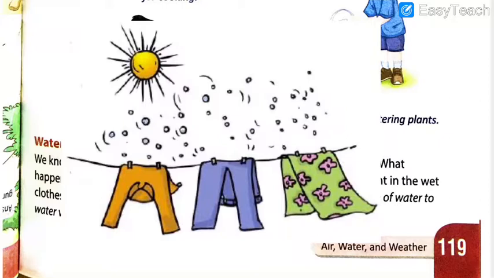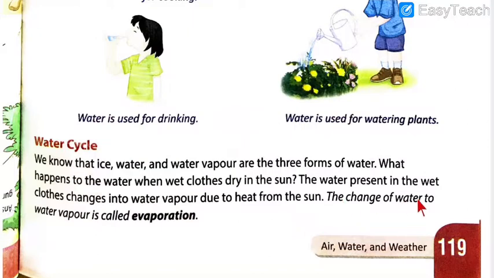But why because of sunlight? If the sunlight would not be there, your clothes would take much more time to dry. Because the water present in the wet clothes changes into vapor due to the heat from the sunlight. I have one more picture to support this example.